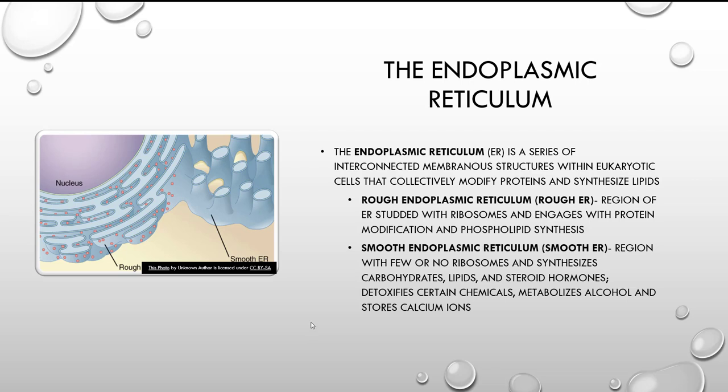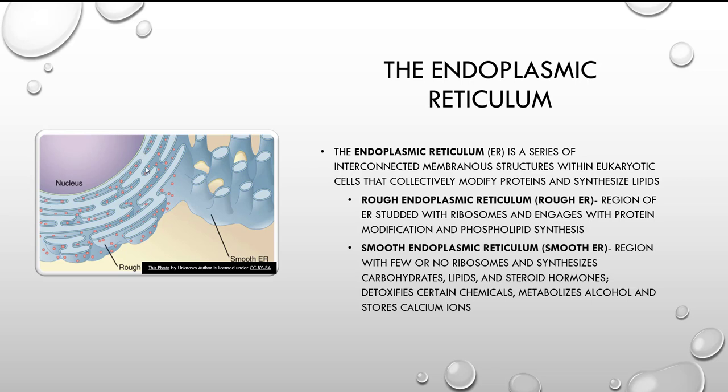Next, we have the endoplasmic reticulum, otherwise known as the ER. So the ER is a series of interconnected membranous structures within the eukaryotic cells that collectively modify proteins and synthesize lipids. So you can see where the nucleus is relative to the endoplasmic reticulum. So it's basically connected.